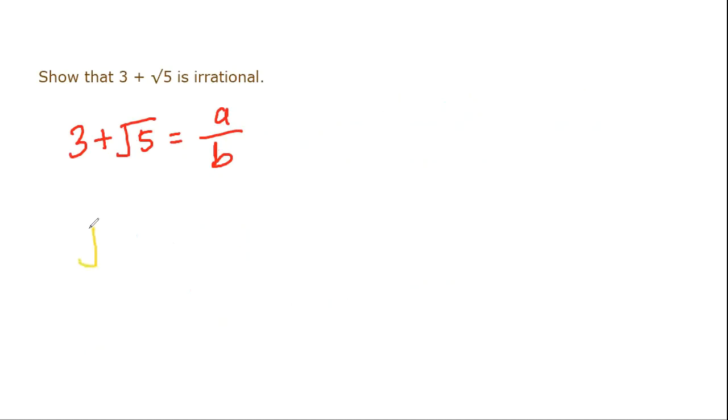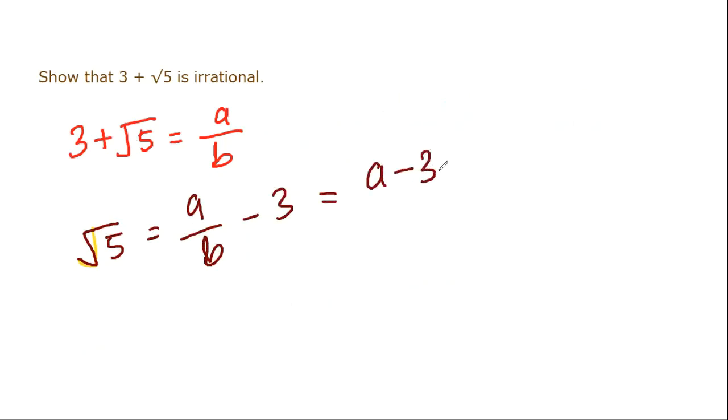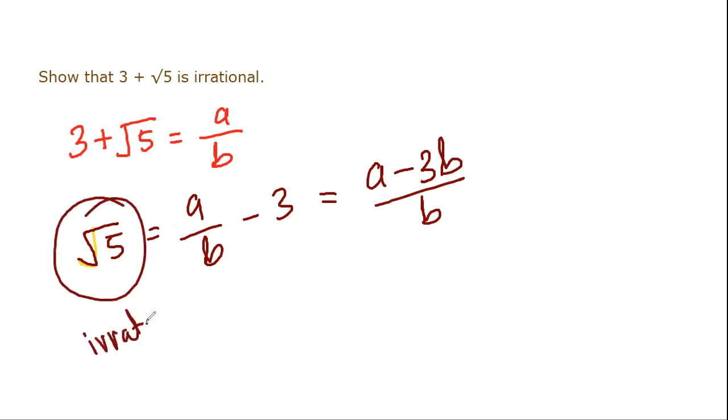I can write root 5 as a by b minus 3. Then I can rearrange this as a minus 3b divided by b. Then here is a contradiction, because root 5 is an irrational value that we have already proved in question number 1.